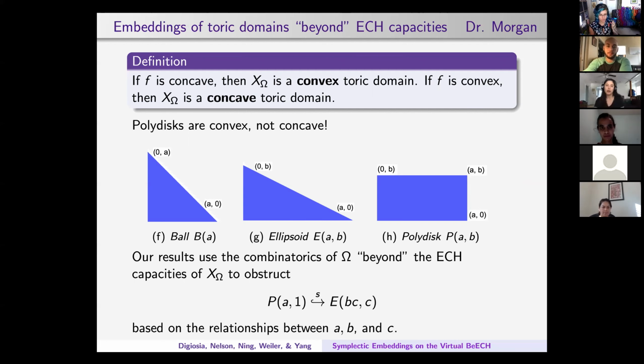So what Hao and Yirong are going to explain is how to use the combinatorics of omega beyond just the ECH capacities of omega to obstruct symplectic embeddings of polydisks into ellipsoids based on the relationships between the parameters defining those spaces.